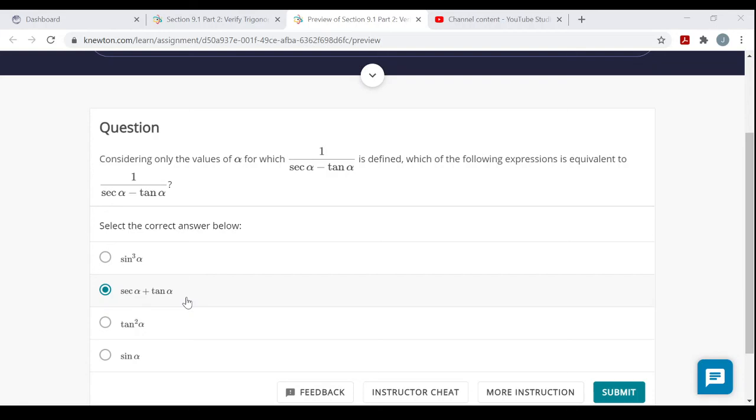Now that you have your sines and cosines, maybe you can write things in terms of secant, tangent, cosecant, whatever. But it takes some vision. It takes some recognition. Practice. You're not going to be really good at this the first time through, I promise you, unless you already know your stuff pretty well.